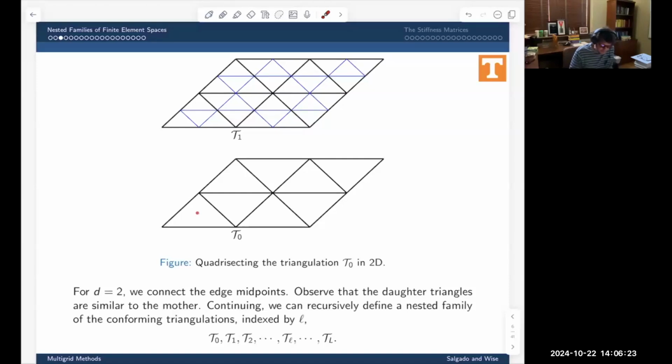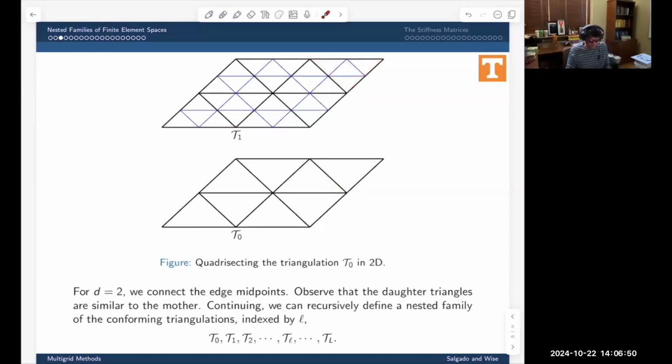So each parent is going to create 4 children: 1, 2, 3, 4. The way we did that was we just connect the midpoints. We have to do this with every parent triangle creating 4 children triangles. So you can see how this one here is now going to become these 4 triangles here.